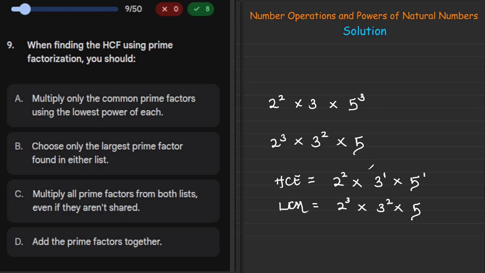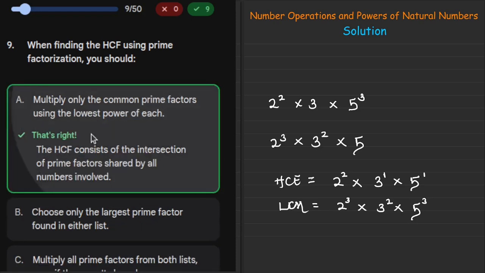And then for the 5, the 3 is the highest. So take note of the difference. When it is the highest common factor, we take the lowest of the powers. But when it's the lowest common multiple, we take the highest. And this satisfies us: multiply only the common prime factors using the lowest power of each. That is A. See, very simple.